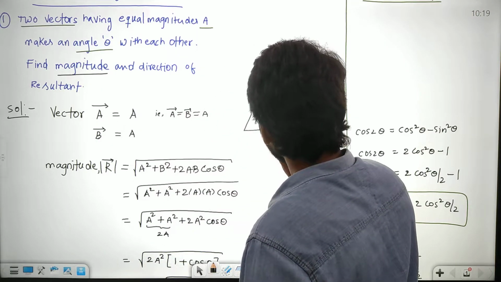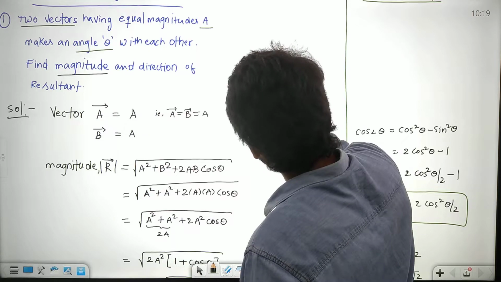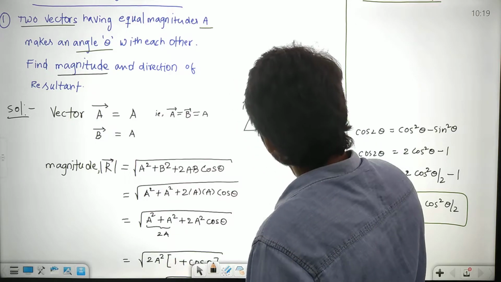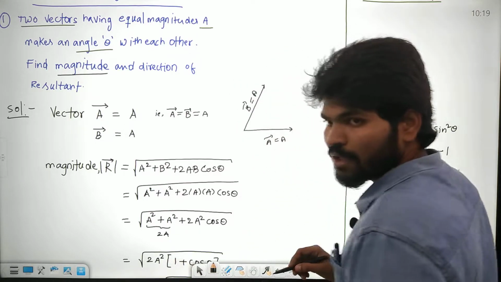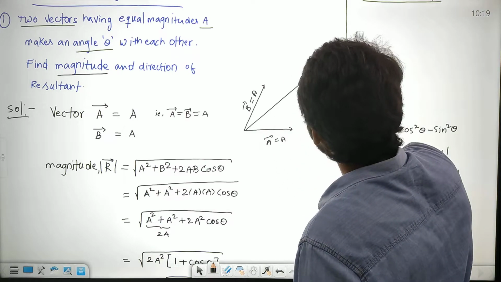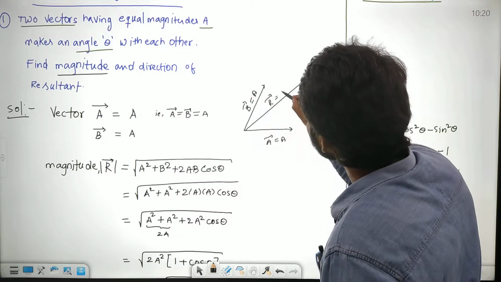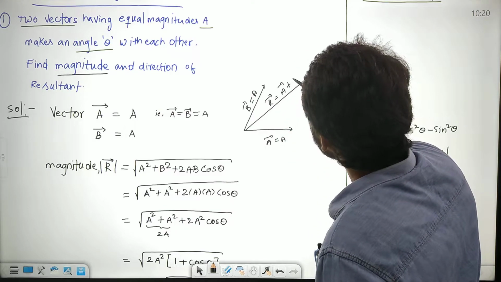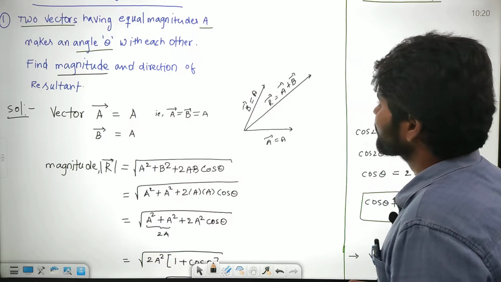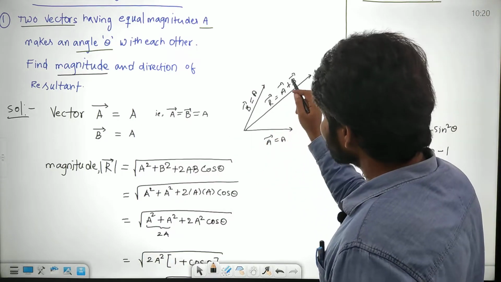This is vector A and this is vector B. This has magnitude A, and this is also magnitude A. I need to find the resultant, which is nothing but the addition of these two vectors, vector A and vector B.